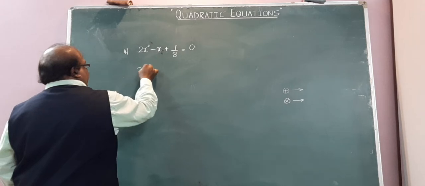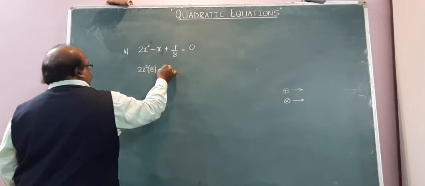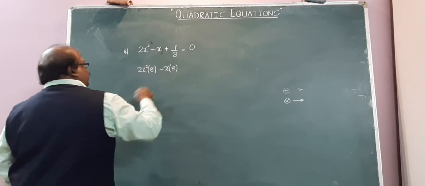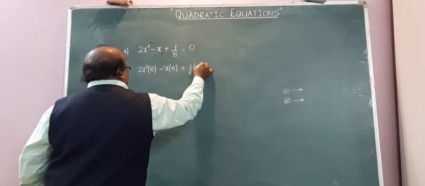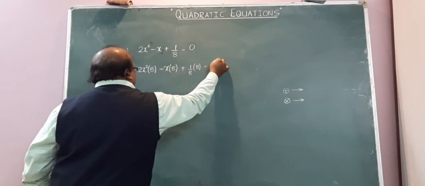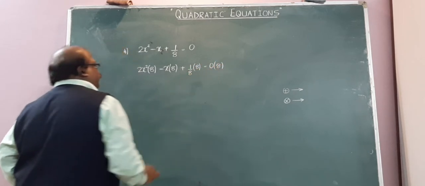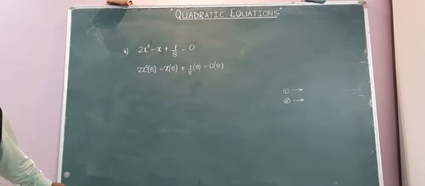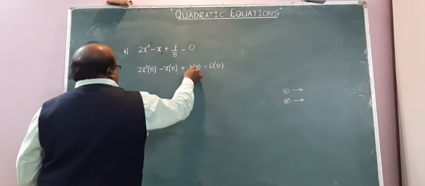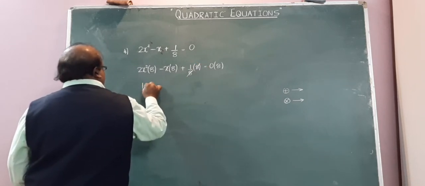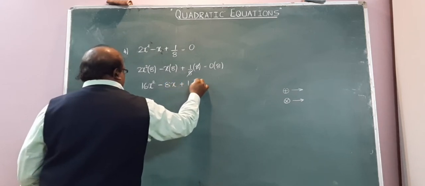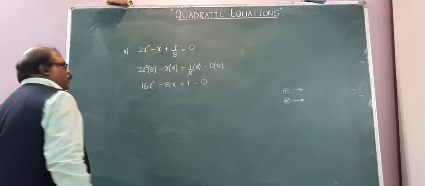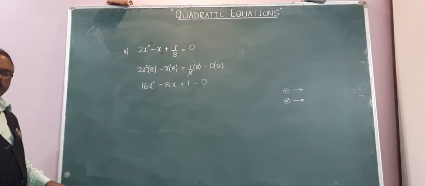So you get 2x square into 8 minus x into 8 plus 1 upon 8 into 8 is equal to 0 into 8. I have multiplied each and every term by 8. So 8 and 8 cancel. 16x squared minus 8x plus 1 is equal to 0.